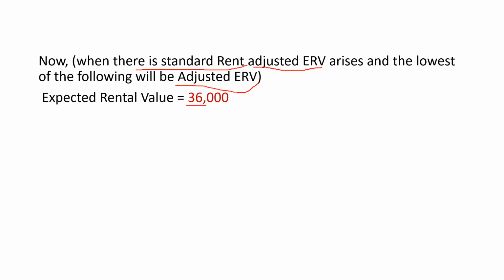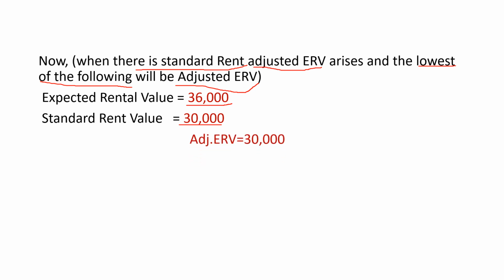Expected rental value is 36,000 as we have calculated earlier. The standard rental value given is 30,000. So here the condition is lowest of the following will be considered as adjusted ERV. So here adjusted ERV will be 30,000. So first one we have obtained, that is adjusted ERV.